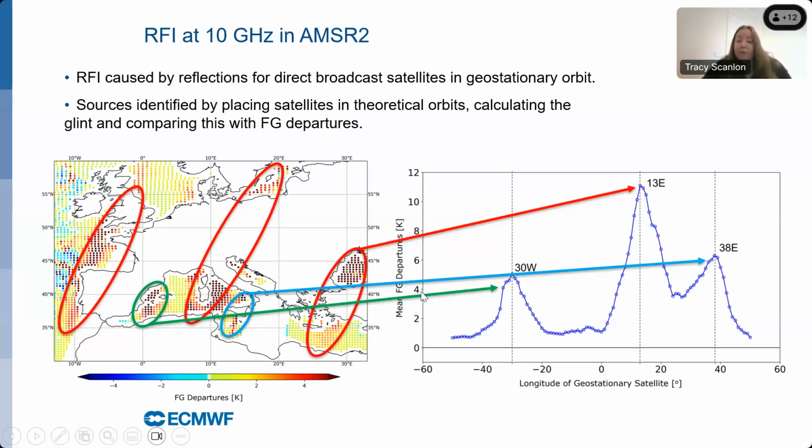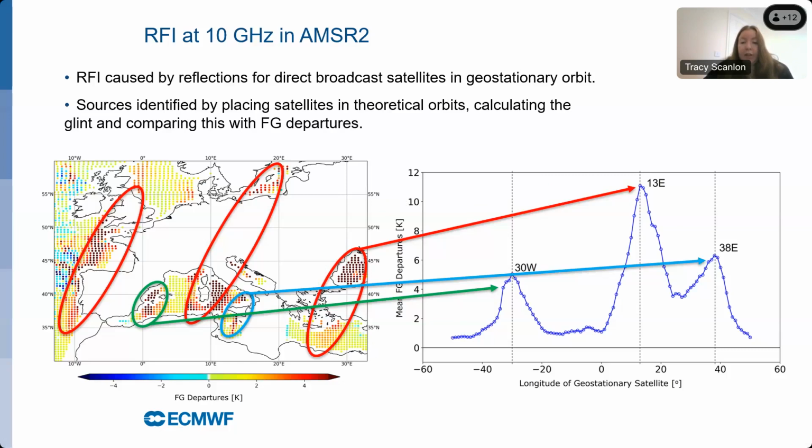So this simplified method allows us to identify where these reflected direct broadcast satellite signals are coming from, and that allows us to then put a screening method into the IFS based on this.